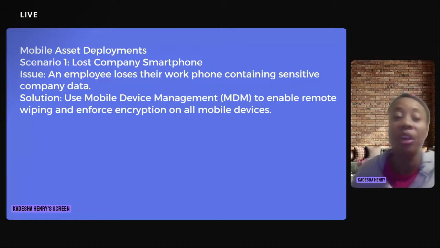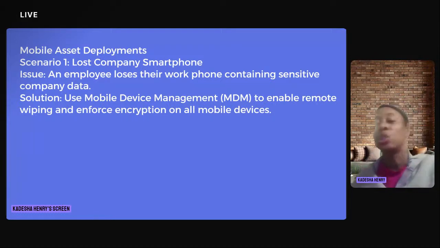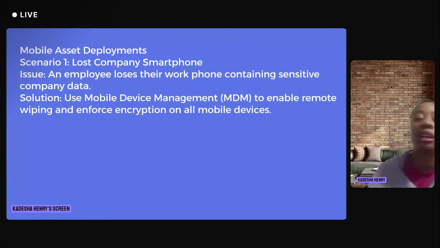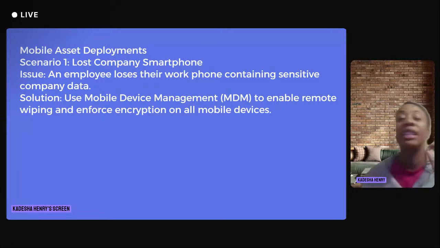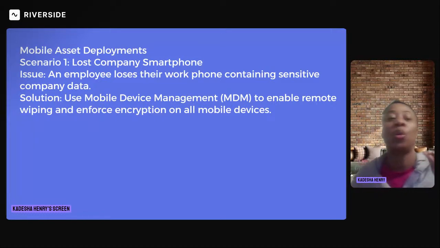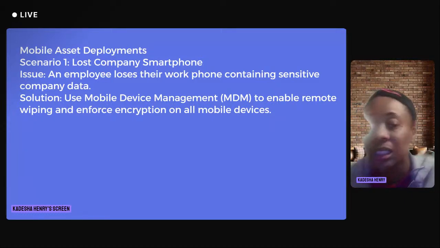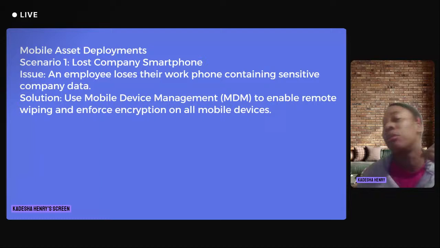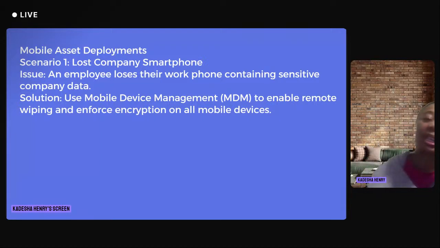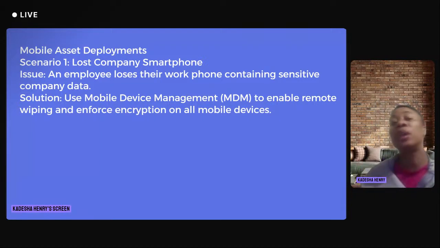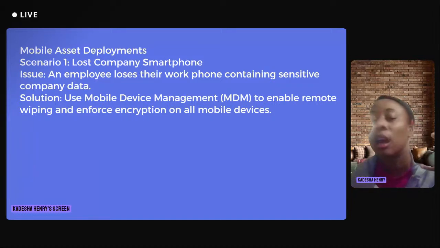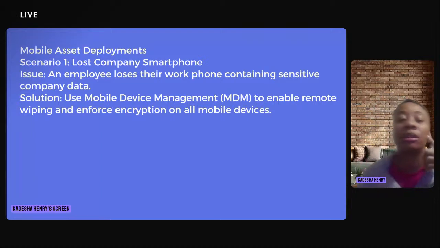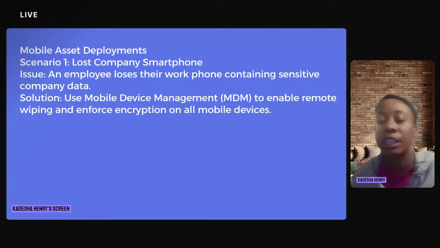Or another thing is, because you had this implemented, all data is encrypted. So whoever finds the phone cannot do anything with the sensitive data. The reason they can't do anything with the data is because it's encrypted, because we had mobile device management enabling remote wiping and enforcing encryption.